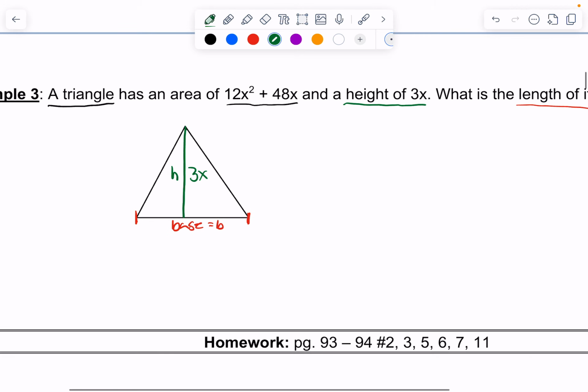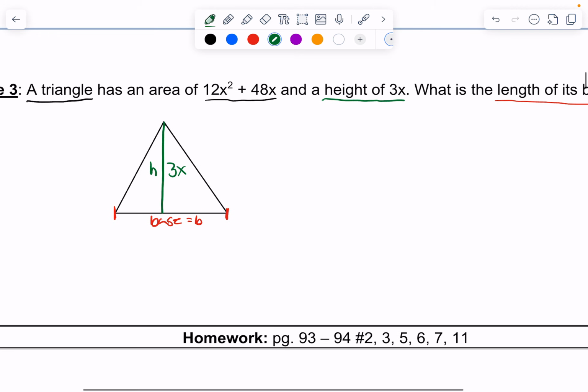Well, recall that the area of a triangle is base times height divided by 2.